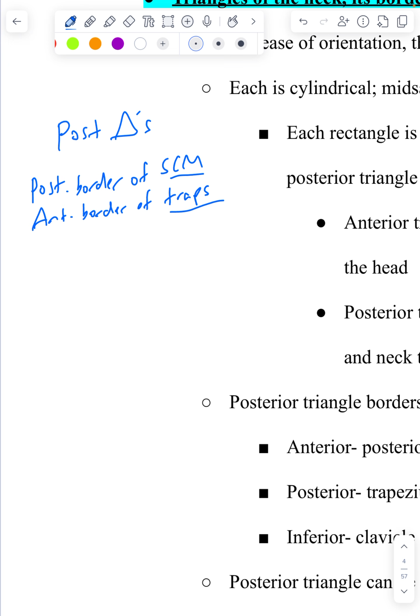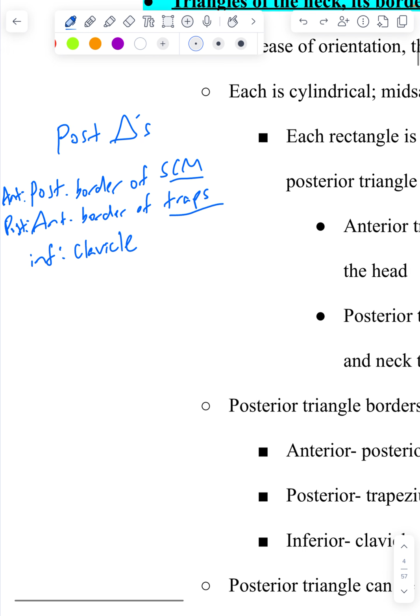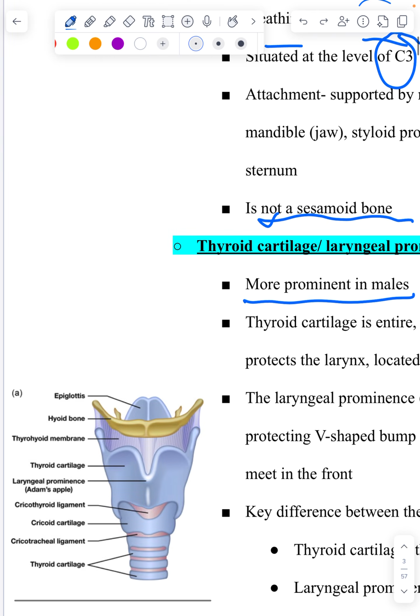And then inferiorly, you have the clavicle. So anterior is the posterior border of SCM, posterior is the anterior border of traps, and the inferior is the clavicle.